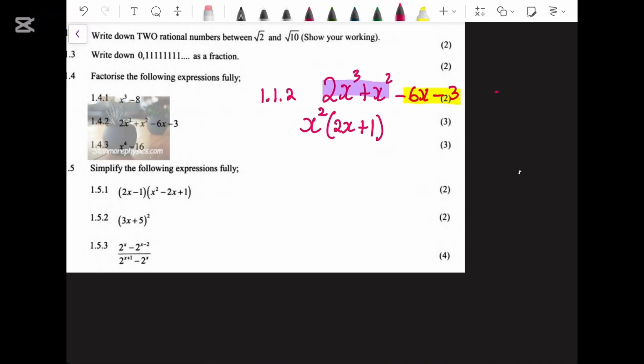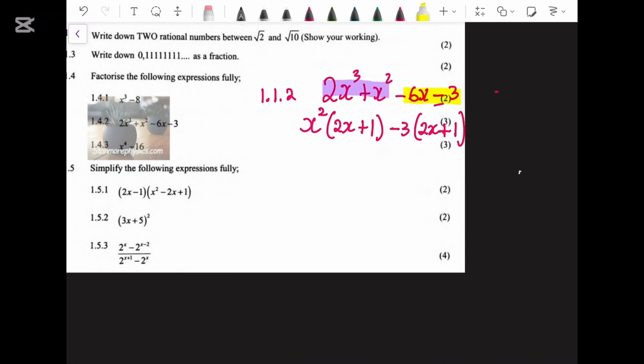Then we can see that there is a number that can divide into 6 and 3. That number is 3. We can take negative 3 out as a common factor. Remember, when a negative is taken out as a common factor, the signs will change, so you remain with positive 2x plus 1.